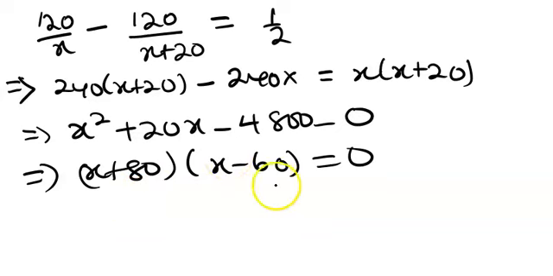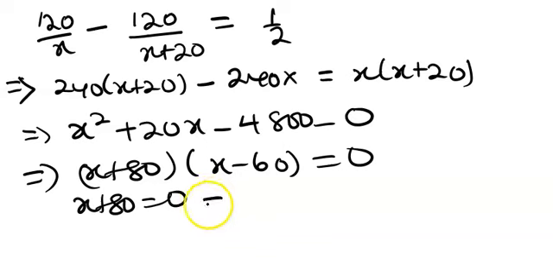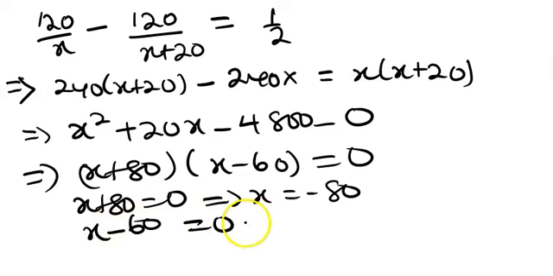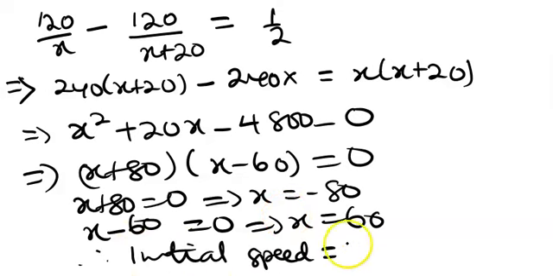So if you have something like this, it means that this is equal to 0 or that is equal to 0. So x plus 80 is equal to 0 implies that x is equal to minus 80. Then x minus 60 equal to 0 implies that x is equal to 60. The initial speed becomes 60 kilometers per hour.